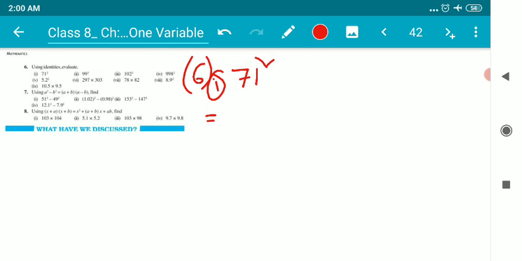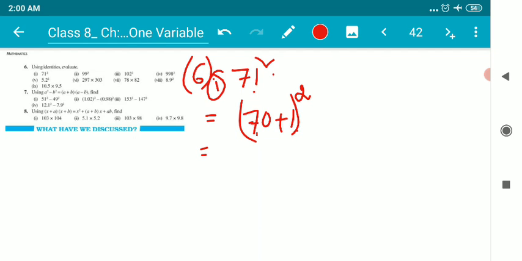The question is, we have to find the value of 71 square by using the identity. So we can simply write 71 as 70 plus 1 whole square, because 71 means 70 plus 1, and the square is on 71 only.